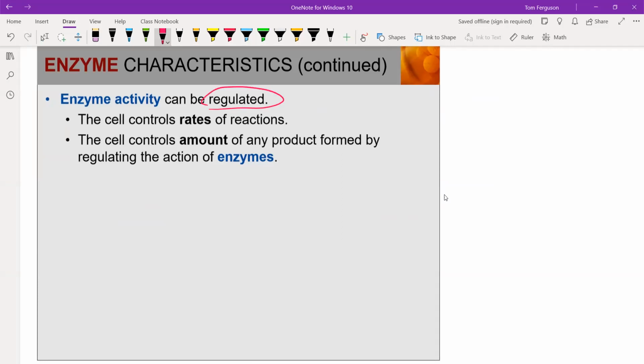Regulation is a big deal in our body. We have positive feedback loops, and negative feedback.